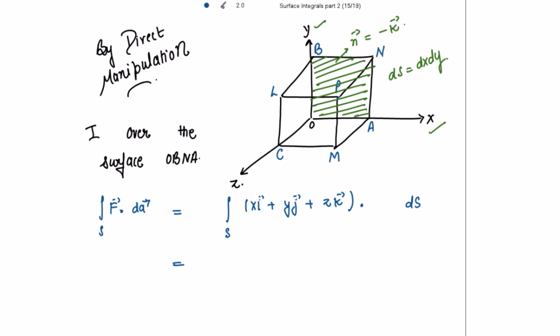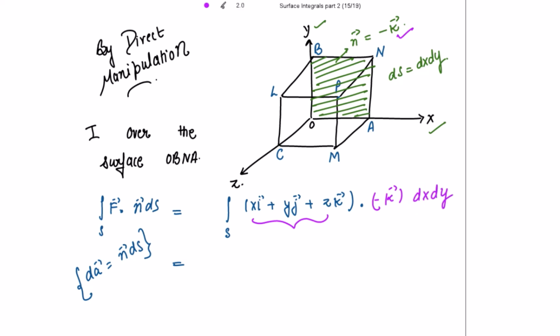So the surface integral of F vector dot dA vector, I am taking another way: dA vector is n vector ds. So this is equal to the surface integral of this F vector dot n vector, which is minus k, and ds is dx dy. This is your double integral. When taking the dot product, we get minus z dx dy, with limits from 0 to a, 0 to a.